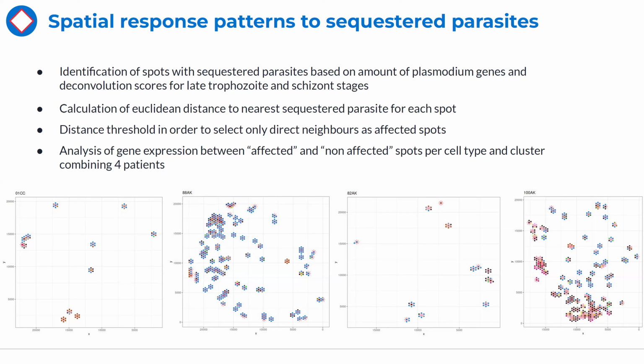There's not yet a real conclusion to it. One issue is how we define it. We are not 100% sure that we should only look at the ones that are exactly next to it.